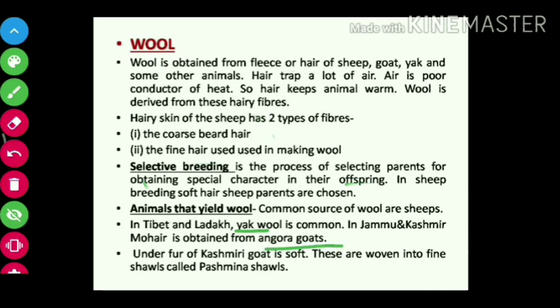Then the Kashmiri goat's under fur is very soft and smooth. It is woven into fine shawls, known as pashmina shawls. Woven is the past participle of weave. These pashmina shawls are famous in Jammu and Kashmir and all over India as very good quality shawls.